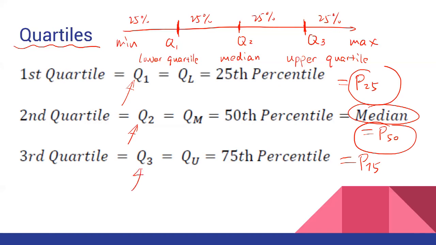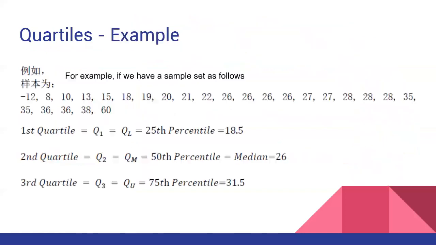If you want to find Q3, the only thing you need to do is to find P75 using the method we just discussed. Okay? For example, for the same sample, the first quartile is P25, which we have already calculated, which is 18.5, about in here, right? This is Q1.